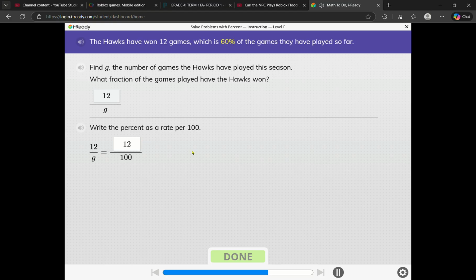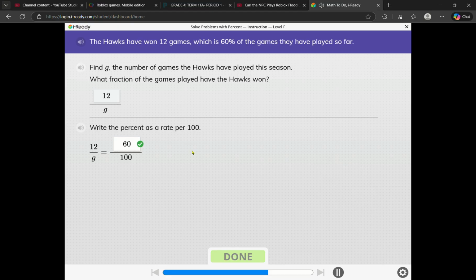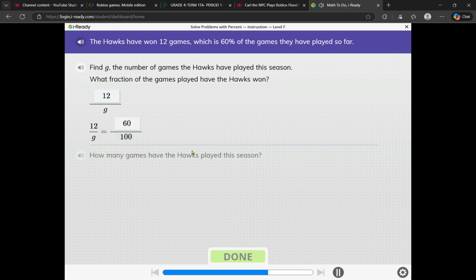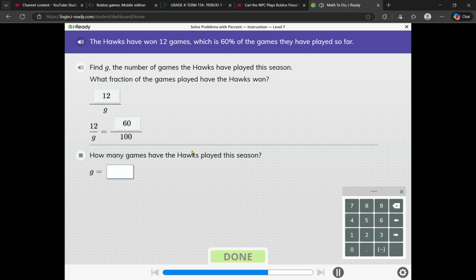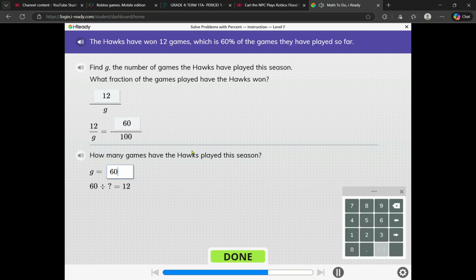Write the percent of games won as a fraction out of 100. How many games have the Hawks played this season? 60 divided by what number is 12? Divide 100 by the same number.